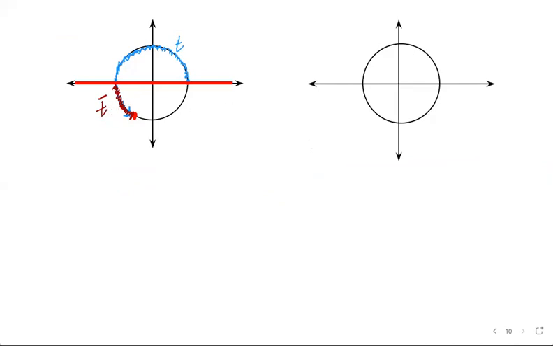For the fourth one, suppose I'm moving around the circle like this, and I stop up to here. What is the reference number? Again, this is my terminal point where I stop.